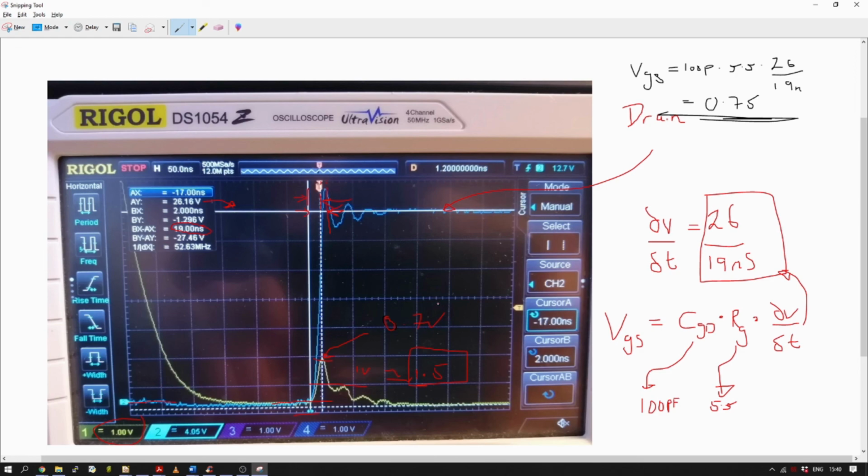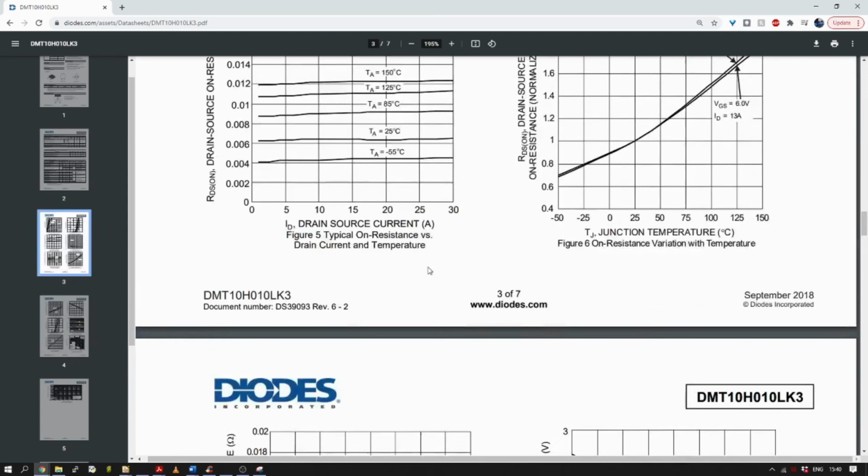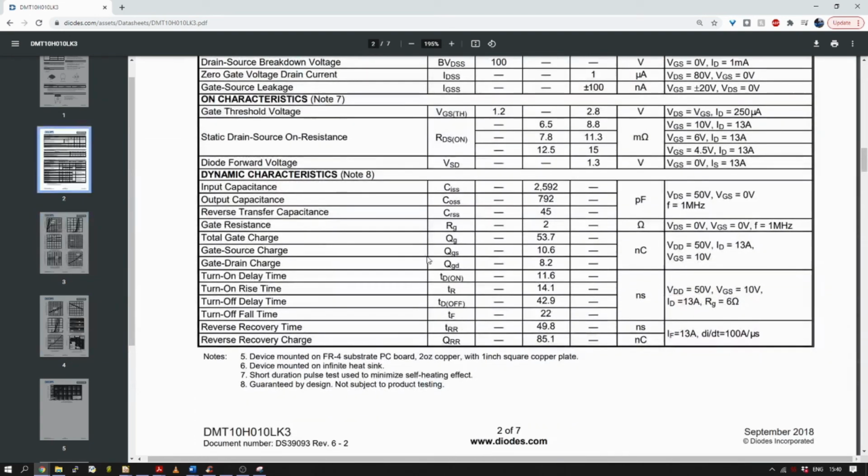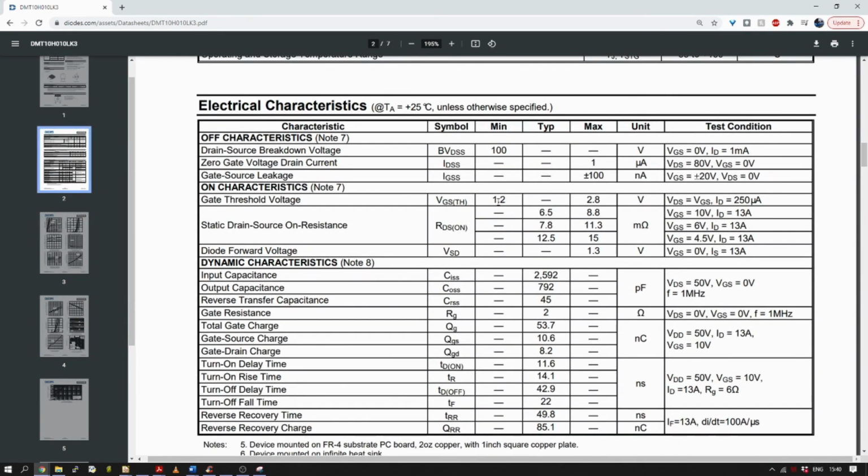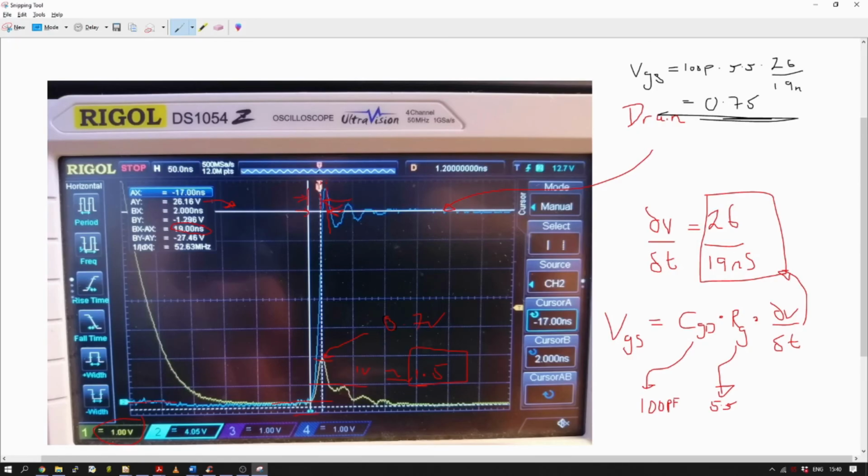But as a ballpark figure, we can see that we're well under what the datasheet says is the minimum turn-on voltage. So if we go on to that, gate threshold voltage is 1.2, that's the minimum. Absolute maximum will be 2.8, and we're looking at about 1.5.